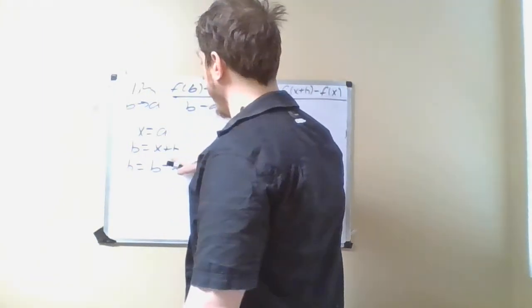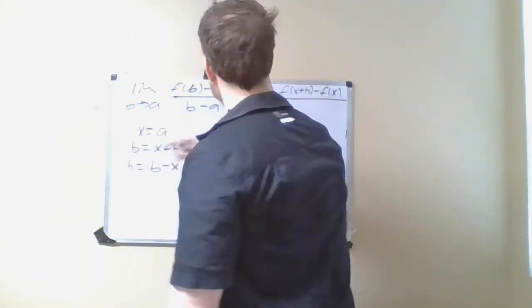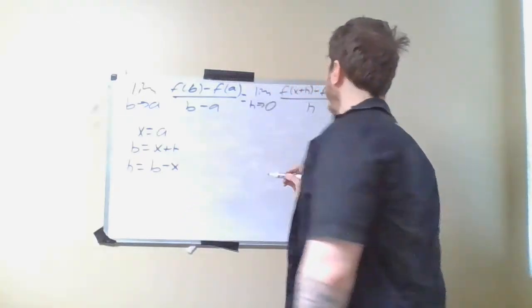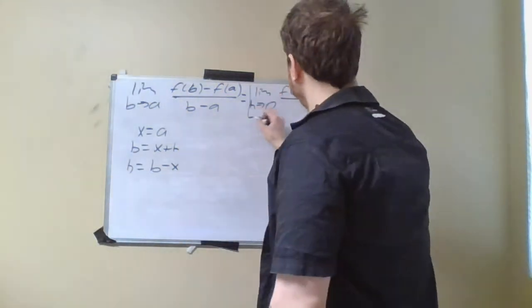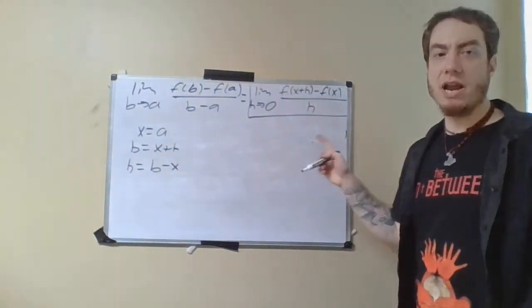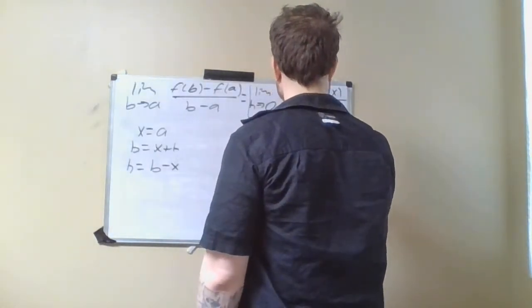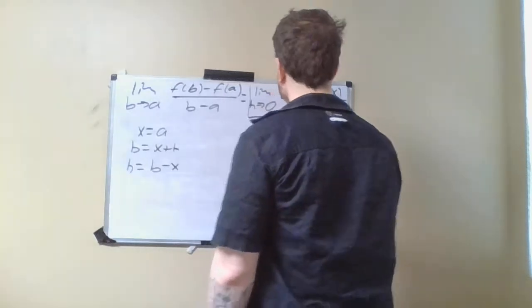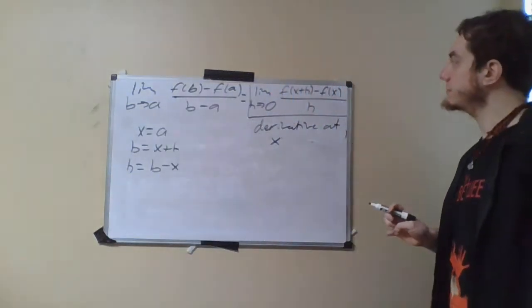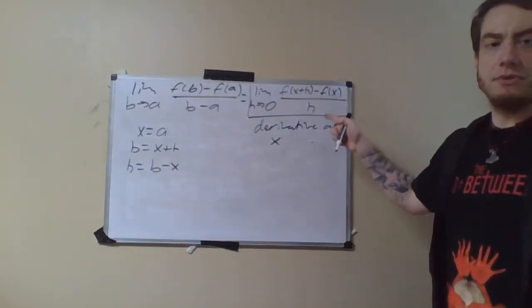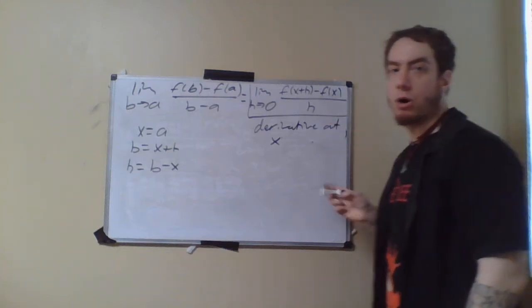Well, b minus a is actually just x plus h minus x, which is just equal to h. So this is another way of writing out the derivative at some point x. And sometimes this is a little bit more convenient to work with, okay?